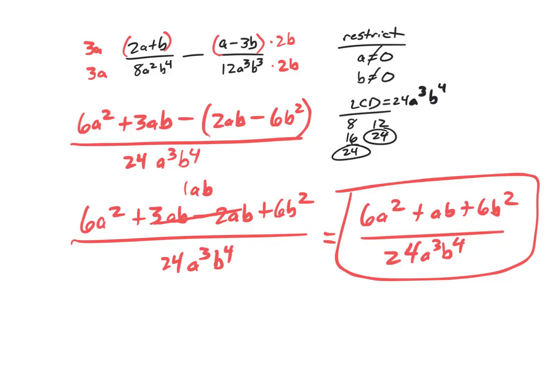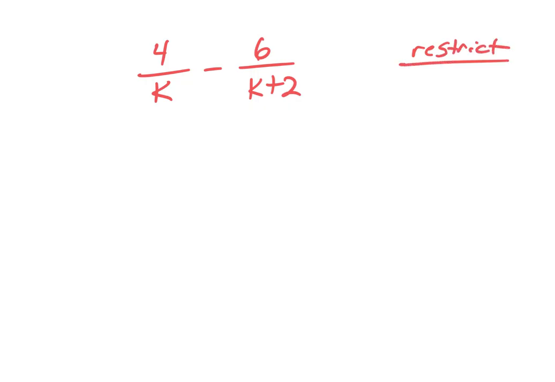All right. We're going to do a few more here. These are going to have binomials in them, and we're going to do some that have some factoring in it as well. I'm going to start with one like this. Okay, so my denominator is a little bit different here.